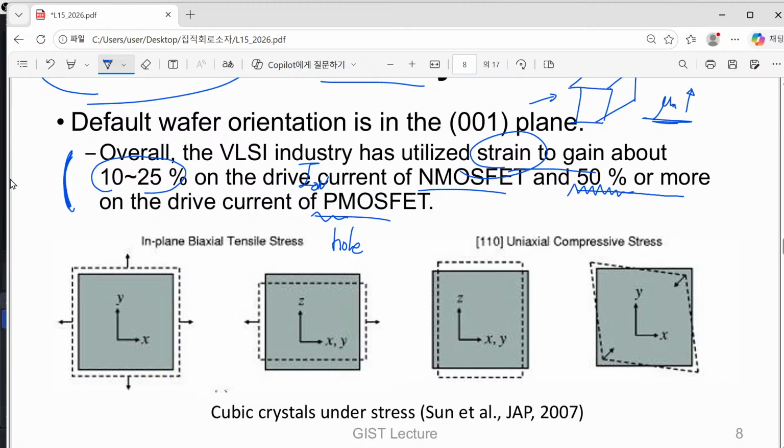For example, when you studied your microelectronics course or a different circuit design course, maybe in the textbook you saw that in order to make a very good inverter, we have to introduce some imbalance between the NMOSFET width and the PMOSFET width, because PMOSFET drivability is lower than that of NMOSFET.